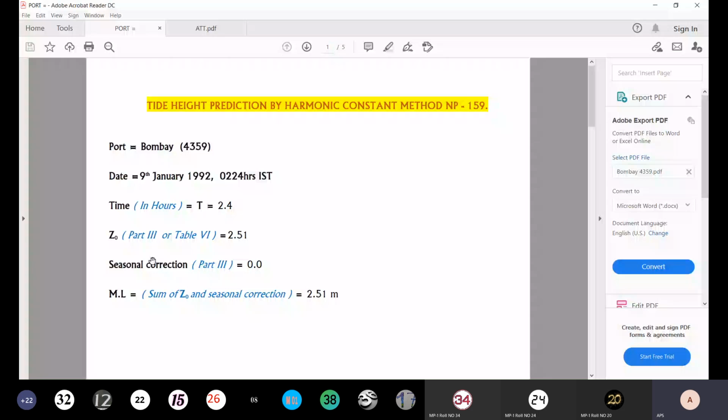And seasonal correction you'll get from part 3, bottom of the page, or one page before or one page after. So for that particular month you find out, and add Z0 and seasonal correction, you'll get mean level. So no doubt so far?